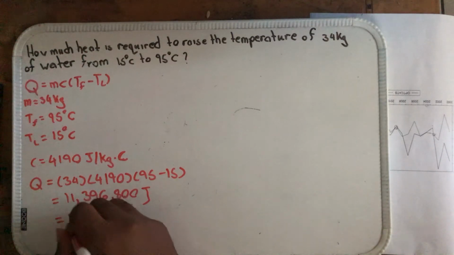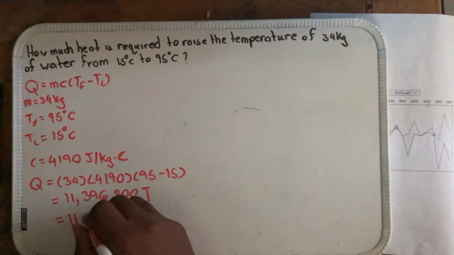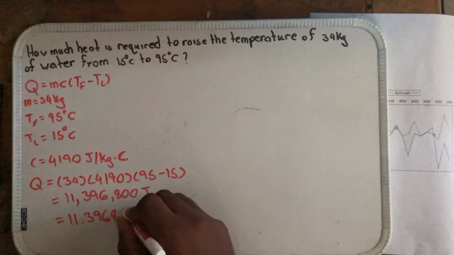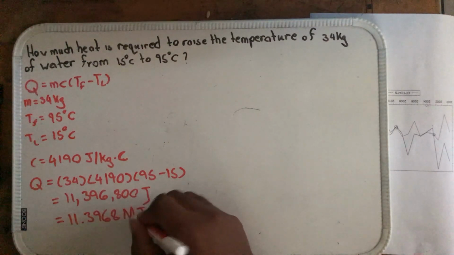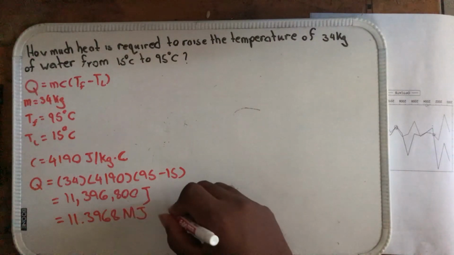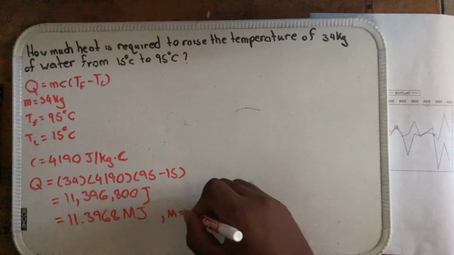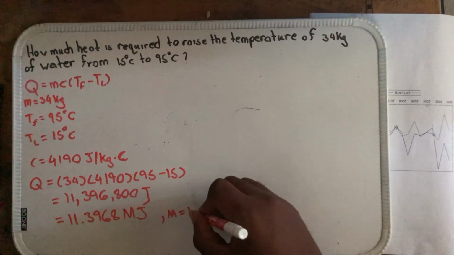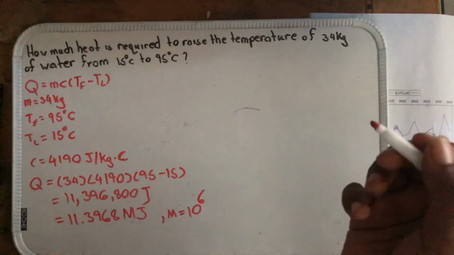And if I wanted to convert this, this would be 11.3968 megajoules. And for those who don't recall, this prefix mega just stands for a million. So this would represent 10 to the 6.